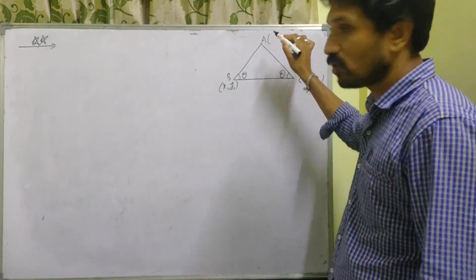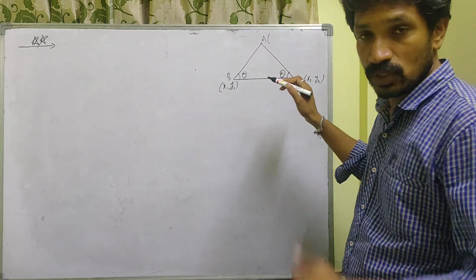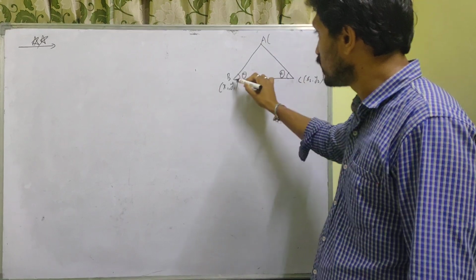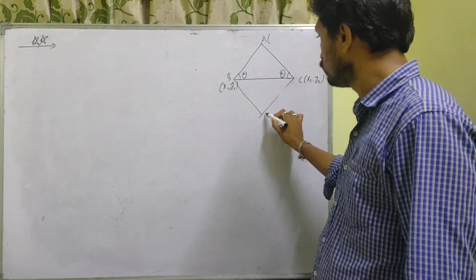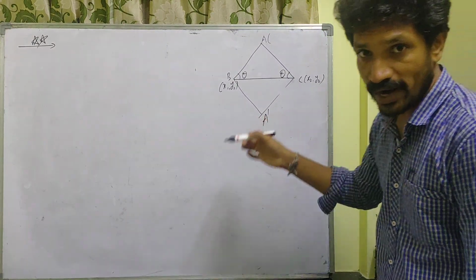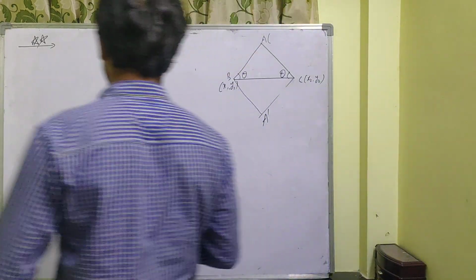If you want to find the third vertex, there are two possibilities: the third vertex may be on this side or on the other side, A dash. To find that, just use this formula.